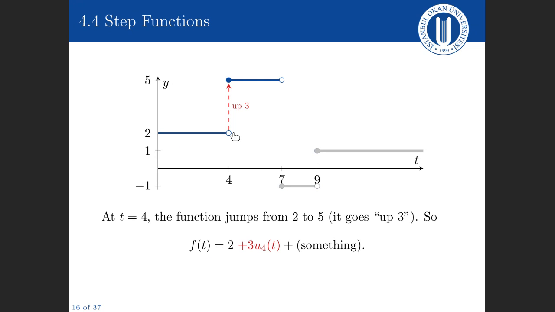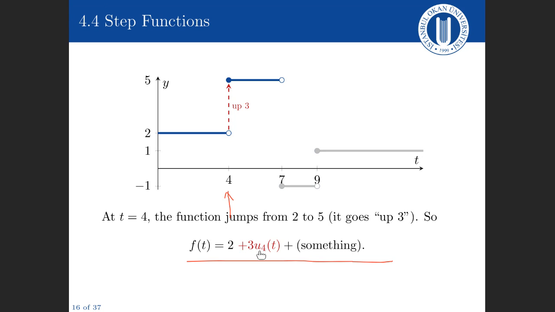Then when we get to 4, it jumps up 3. It goes from 2 to 5, so it's going up 3. And because this is happening at 4, we expect our function to be 2 plus 3 u4. And then for the rest of the function, plus something.